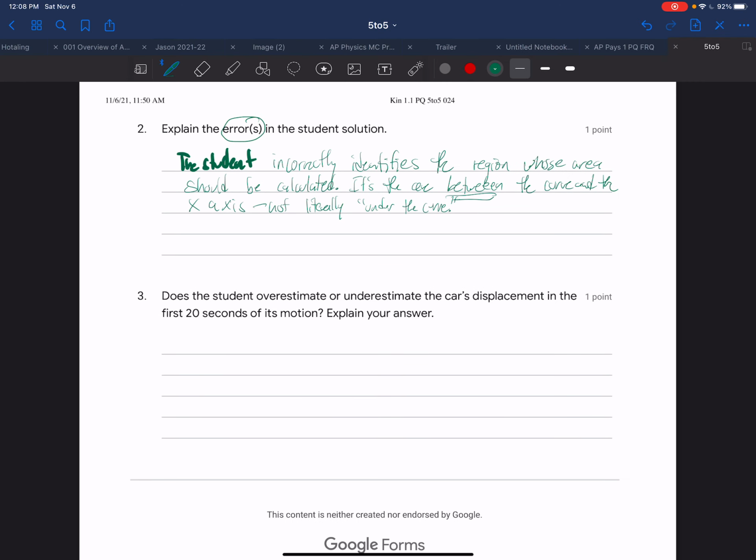Is there another error? Yes. Yes, there is another error. So error number 1. Error number 2. The student doesn't recognize that there is negative area.